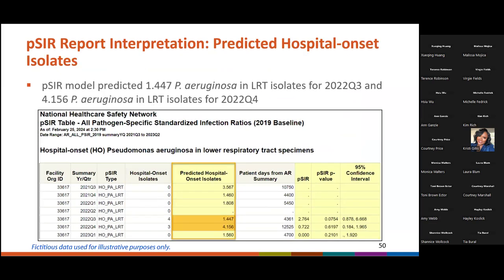The pSIR model predicted 1.447 Pseudomonas aeruginosa in lower respiratory tract isolates for 2022 Q3 and 4.156 Pseudomonas aeruginosa in lower respiratory tract isolates for 2022 Q4.